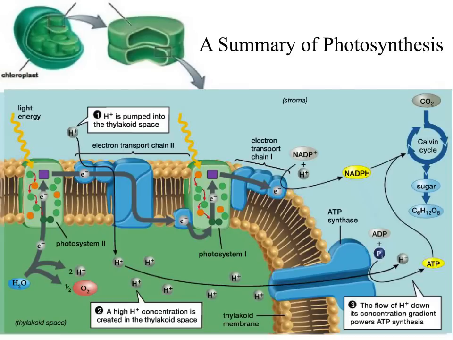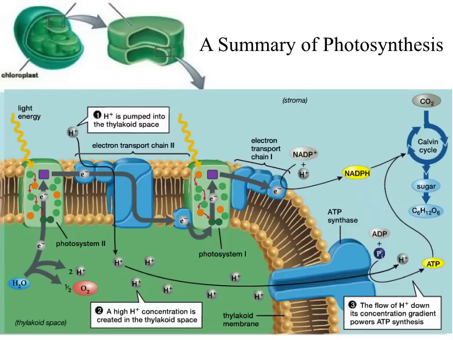Each of those blue blobs is a protein, altogether a protein complex. But you notice that the arrow eventually moves down, which means that the energy is depleted out of the electron. And then look at photosystem 1.